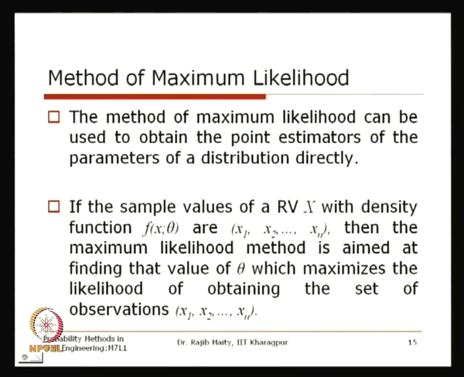Sometimes the estimate we get using the method of moments, once it is solved, is not within the range of these parameters. Sometimes this kind of thing is observed, so that is the criticism of the method of moments.